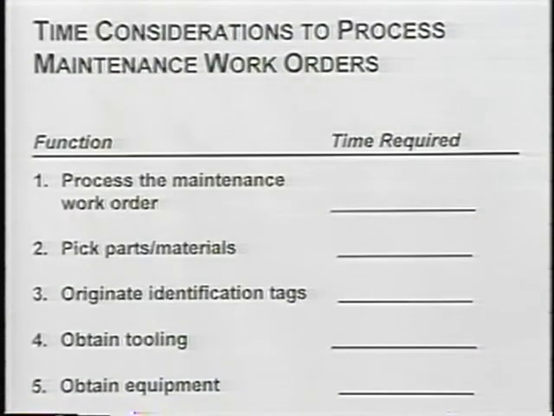Process, the maintenance work order, is actually getting it printed or received into the storeroom. We'd have to identify the parts that are required, put the bin locations on the work order, and literally in step number 2, we would go ahead and actually pick the material.